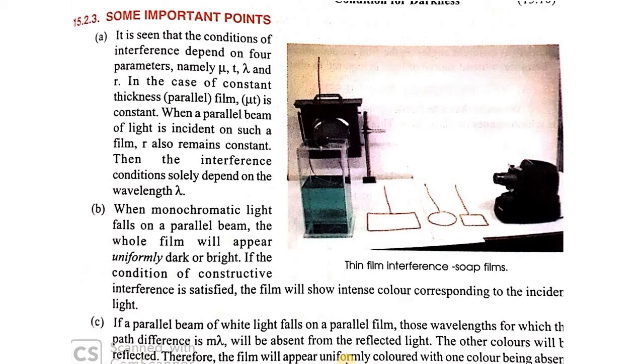What does it mean? We're using a white light having all the colors. The particular color for which the condition for destructive interference is satisfied will be absent, and the rest of the colors will be seen in the reflected light, which gives a uniform illumination with one color absent. So this is what is happening in the case of interference in white light and interference in monochromatic light.